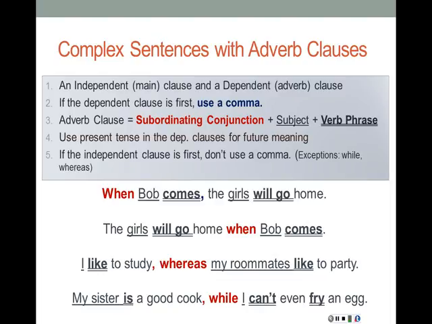So my sister is good at cooking, I am not. I put the subordinating conjunction while in the middle, in front of the adverb clause, and I use a comma in the middle. And these are the only two subordinating conjunctions we use commas with when the adverb clause is second.